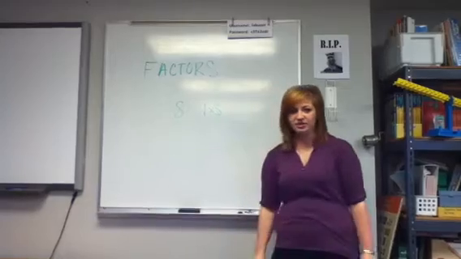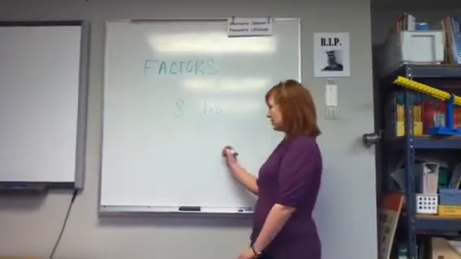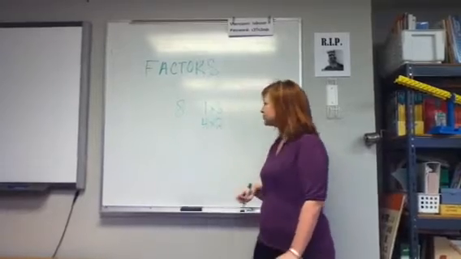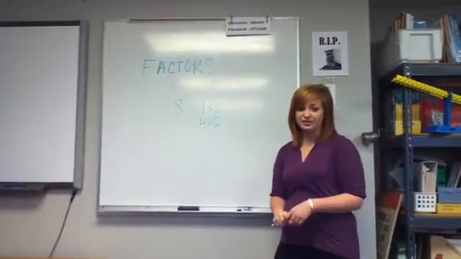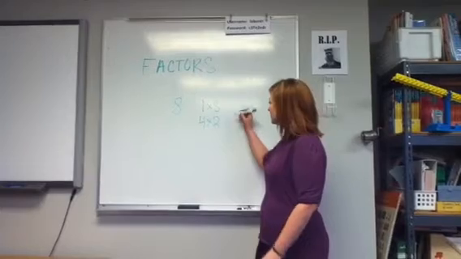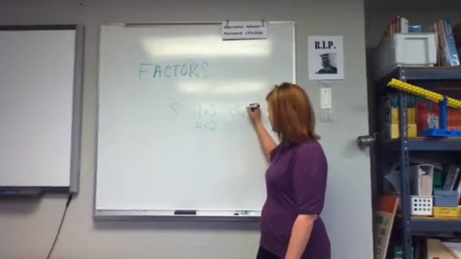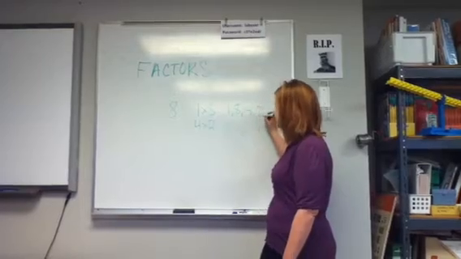Okay, are there any other numbers? That's right. 4 times 2. So, what are the factors of 8? That's right. 1, 8, 4, and 2.